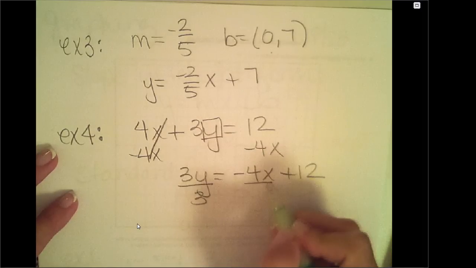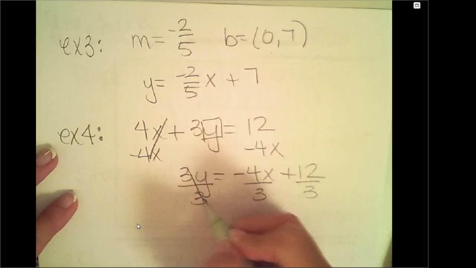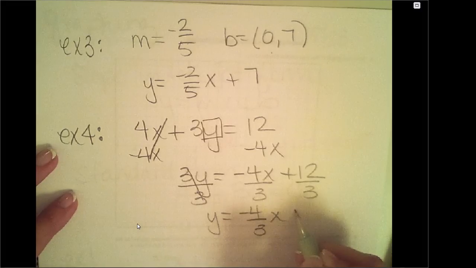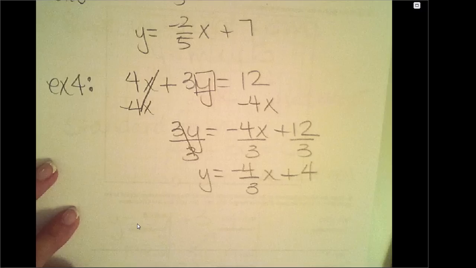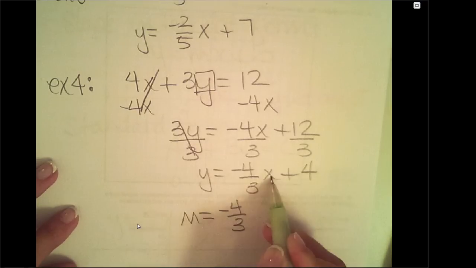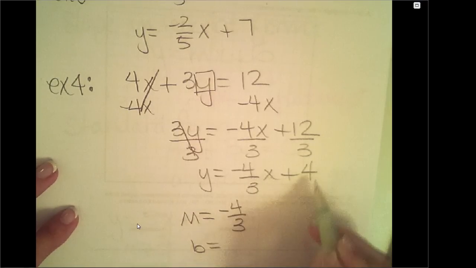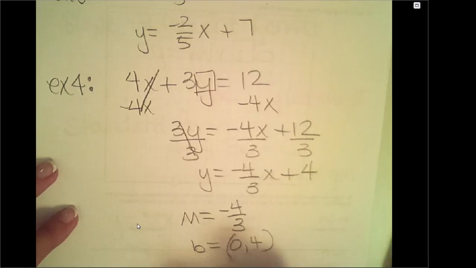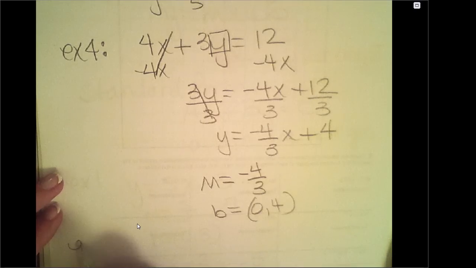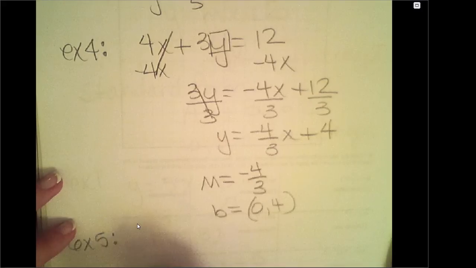Divide everything by 3. Now that it's in slope-intercept form, now I can identify your slope, which is your coefficient, and your y-intercept is your constant. Okay, let's do one more of those.